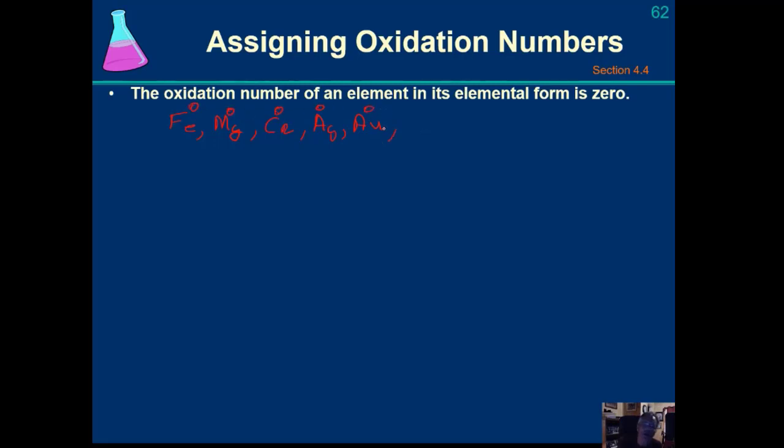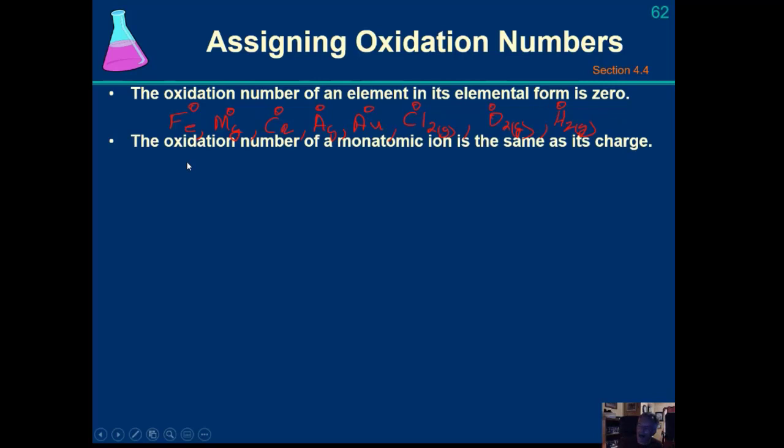Now, if it's a diatomic element like chlorine in its gaseous state, it also has an oxidation state of 0. O2 gas is going to have an oxidation state of 0. Same thing for H2 gas, and all the other diatomic elements in their elemental form will have oxidation states of 0.